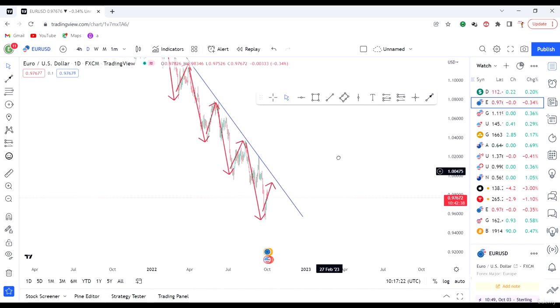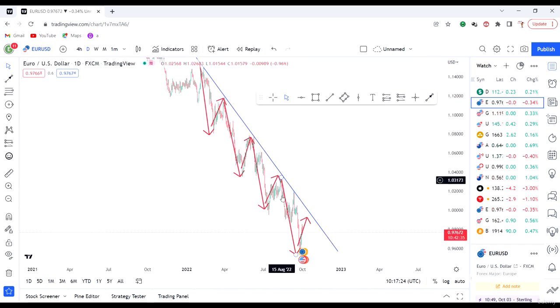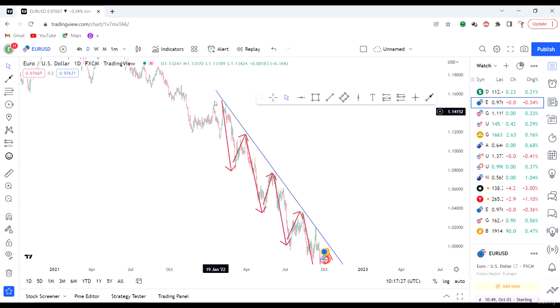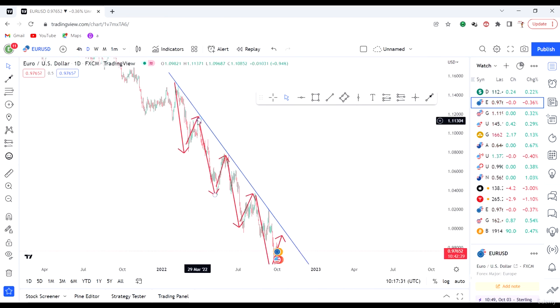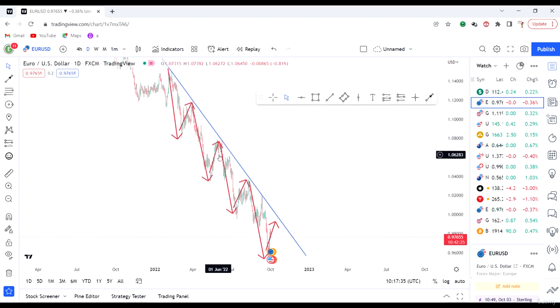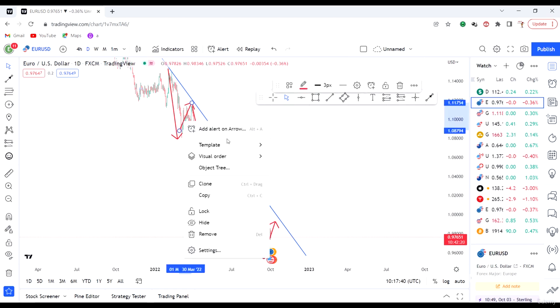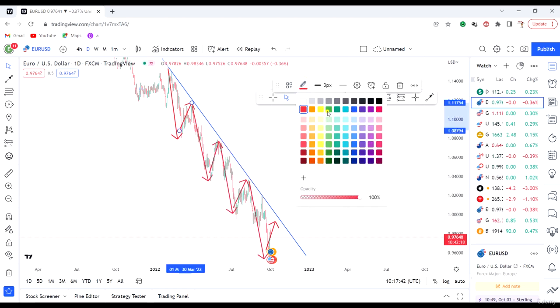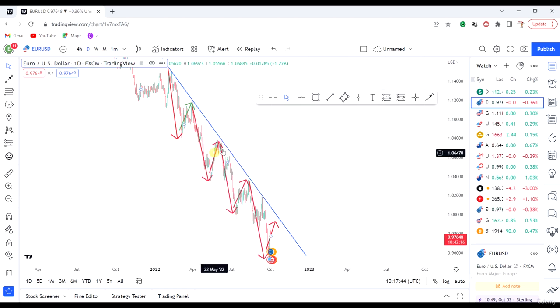You can also see that the retracements cannot be compared to the actual move. The main money is in the actual move, not even in the retracement. The retracement should be helping you to align and to look at where next the market might be going. So let's color this retracement green.